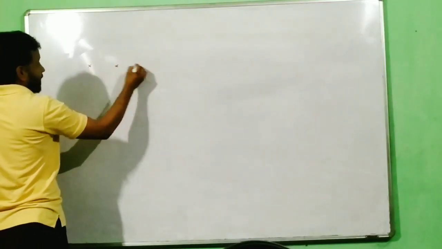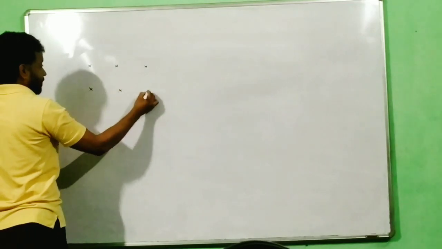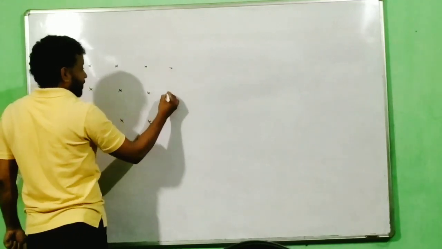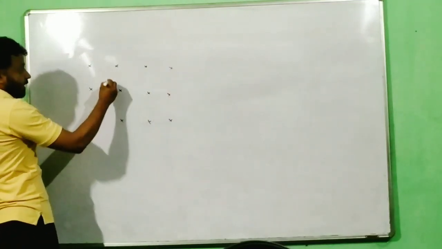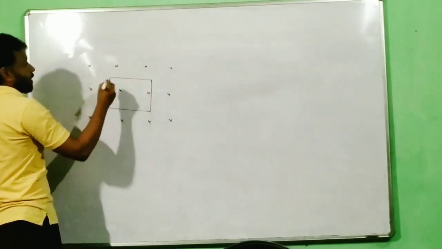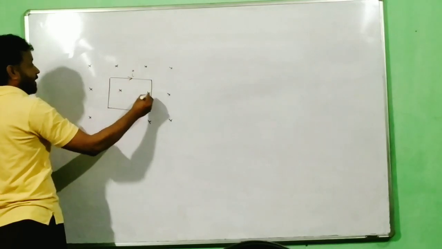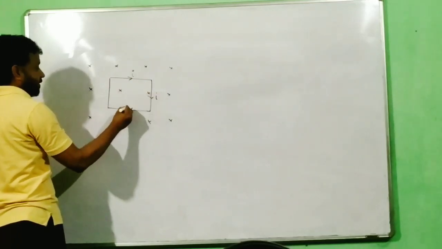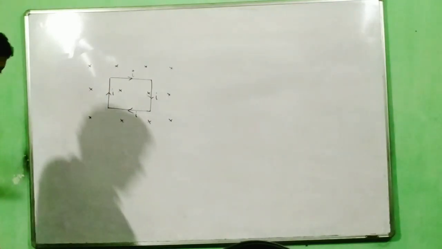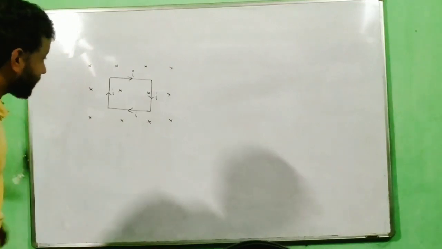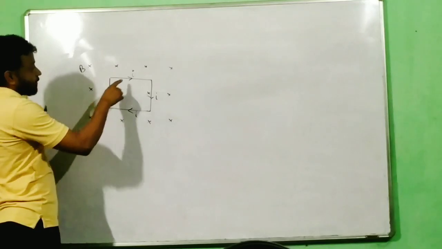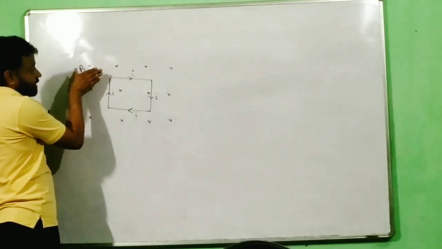Suppose you have a magnetic field region, and in this magnetic field region I have placed a loop, and this loop is carrying a current of I. Now the question is, what is the force on this loop? This is a field B. If I have to find the force on this wire, this is my IL.